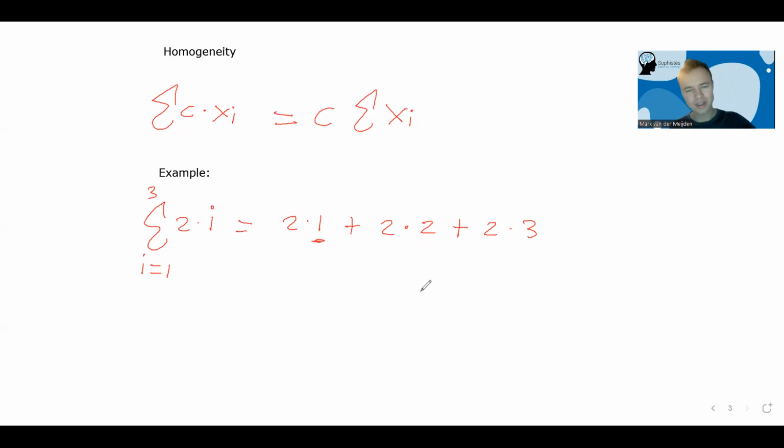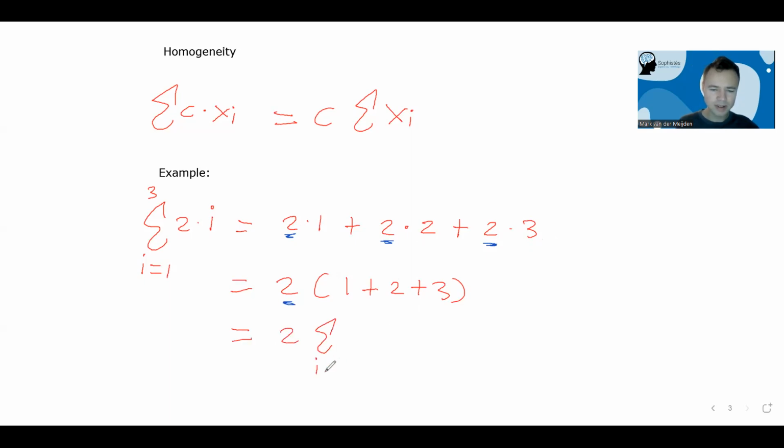Right? Okay. What you will now see is that all the 3 terms have this 2 in common. What does it mean? I can get the 2 out of the brackets. So I can write it down like 1 plus 2 plus 3, like this. This is the same as 2 times the summation, i is 1 all the way up to 3, of i.